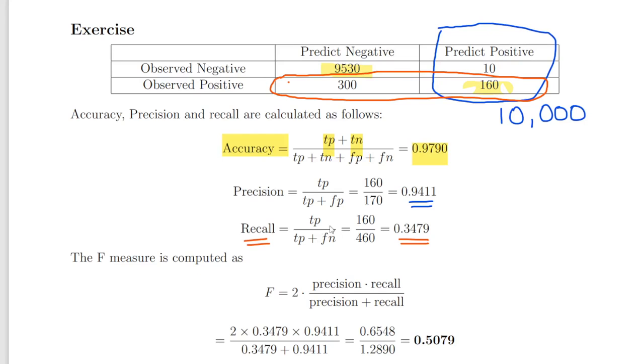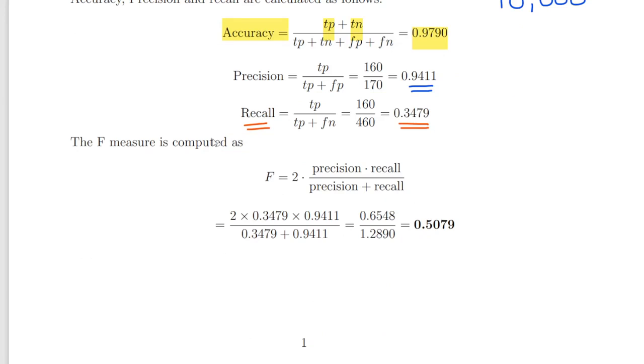The F measure is a way of combining the precision and the recall. F equals 2 times precision times recall divided by precision plus recall. 2 times 0.3479 times 0.9411 gives us 0.6548, divided by the precision plus recall, 0.3479 plus 0.9411.